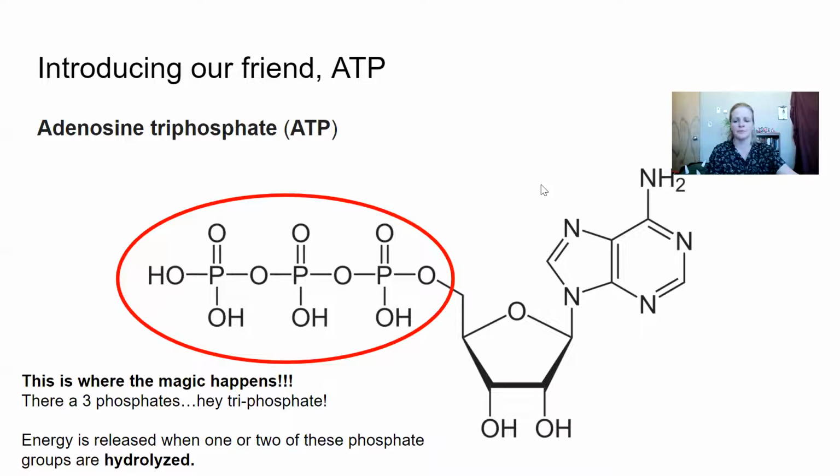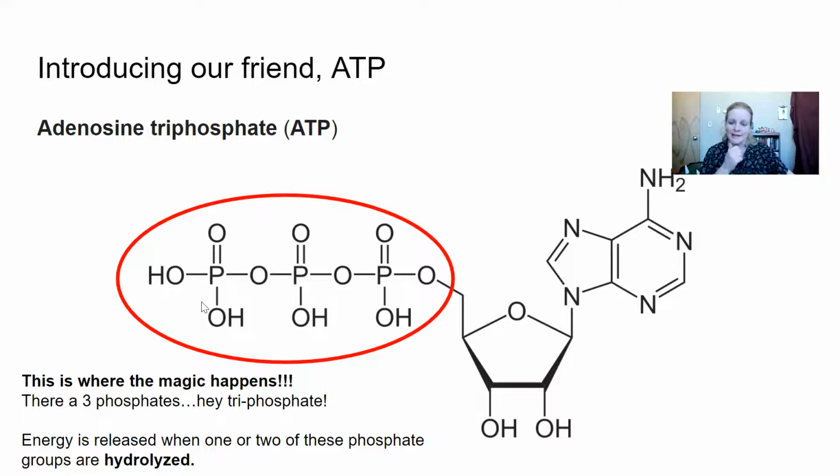It's from this part of the molecule right here. So this is our triphosphate, our 3 phosphate groups. There's 1, there's 2, there's 3. That's our triphosphate. What happens is that this bond right here can become hydrolyzed. We're going to add a water molecule and pop off one of these phosphate groups. And maybe we might even pop off 2, but usually it's just 1.